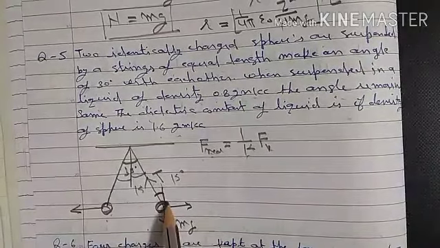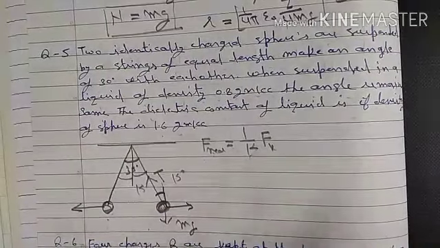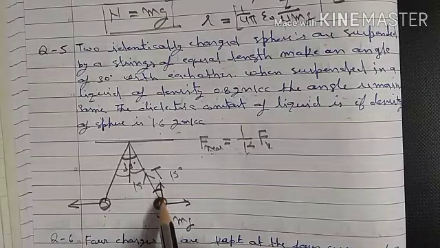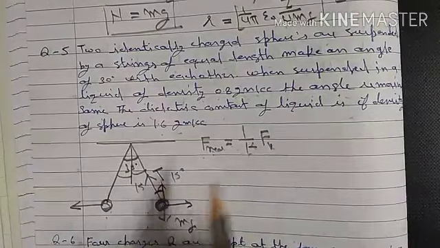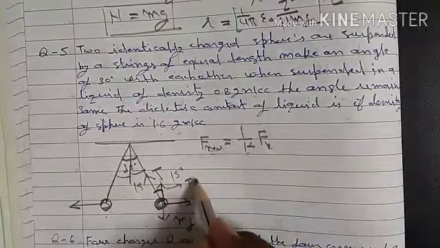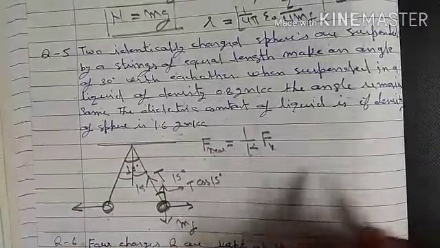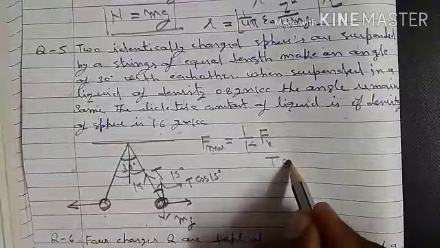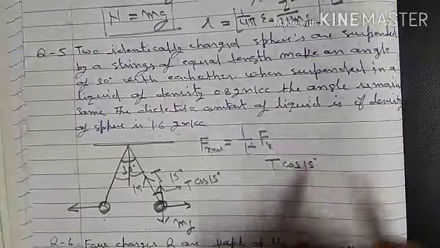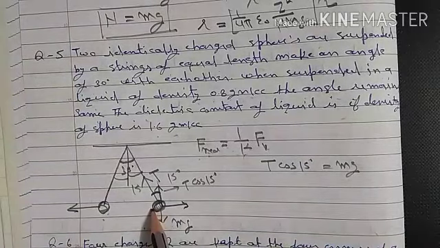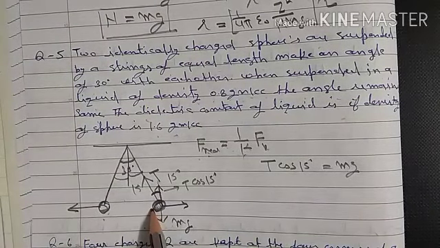After this free body diagram, we may write that this component will become T cos 15, which will be balanced by the mg. So we will write T cos 15 degree is equal to mg from this free body diagram. Clear?